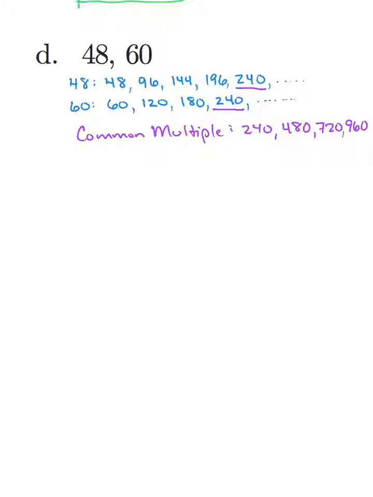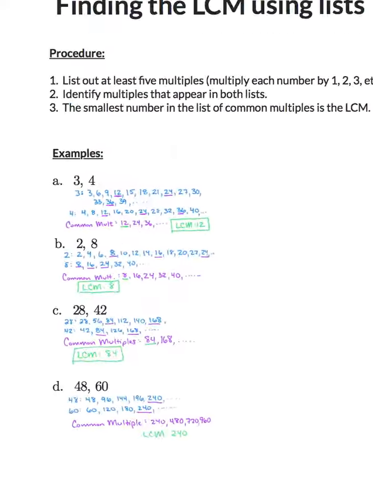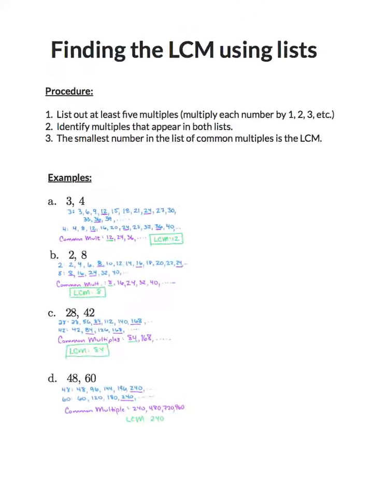So our least common multiple is going to be 240. So that takes care of finding least common multiple using lists.